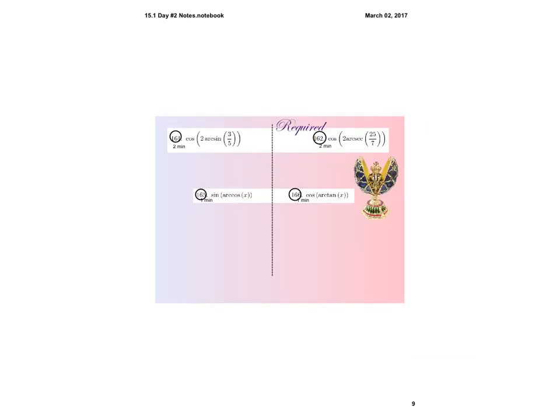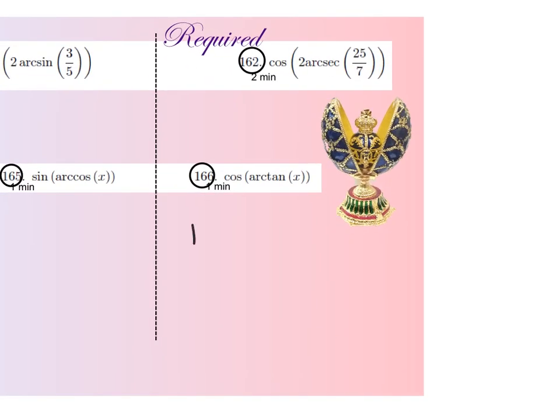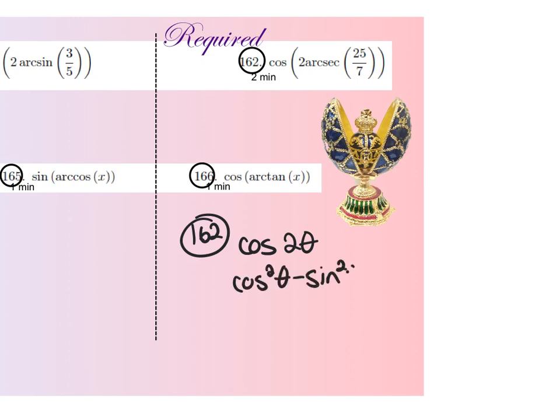Okay. Maybe I'll do 162. It looks like the grossest of the bunch. This looks like 2 cosine theta to me. Okay. So I think this is cosine squared theta minus sine squared theta. Well, what's the theta? We need to draw a picture. It's positive, so I put it in quadrant 1. It says arc secant. Secant is cousins with cosine. So secant is 25 over 7, which means cosine is going to be 7 over 25.